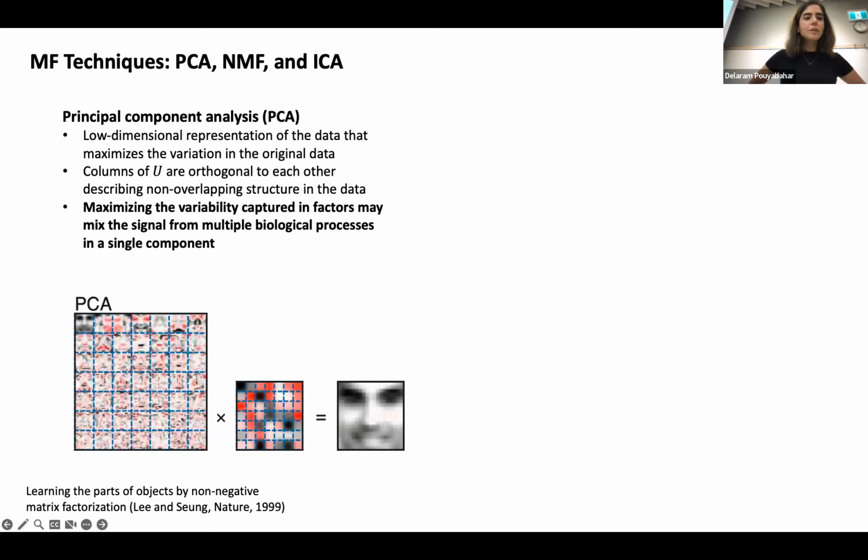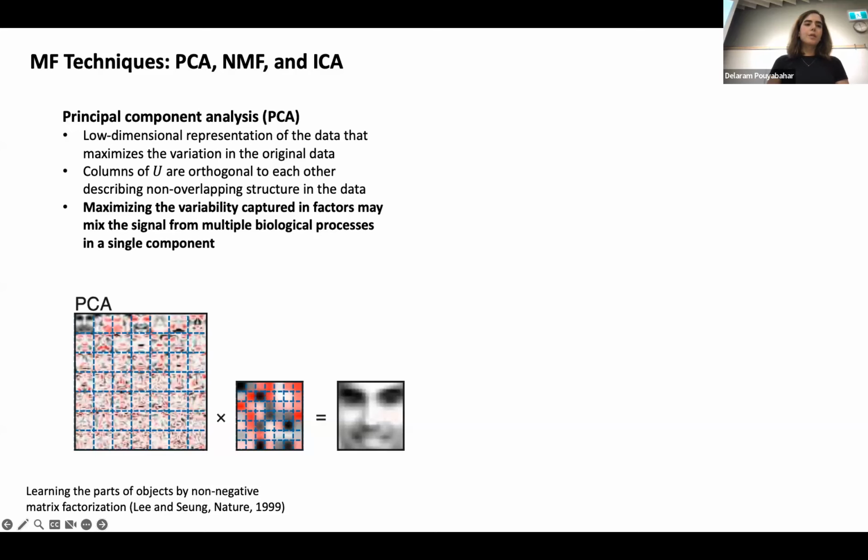It tries to identify a low dimensional representation of the data based on new axes that are able to maximize the variance of the original data. Basically, the mathematical requirement is that the columns of these new principal components need to be orthogonal to each other.